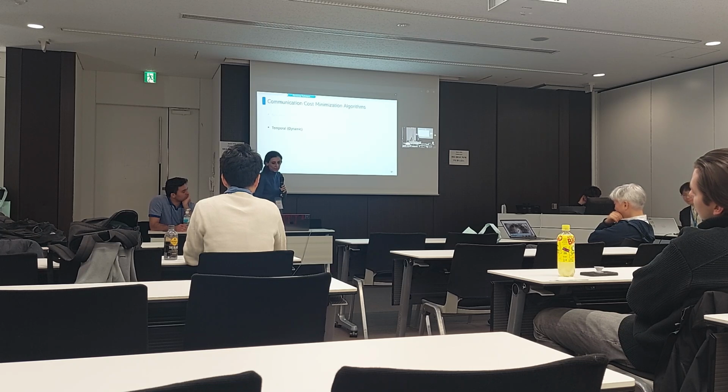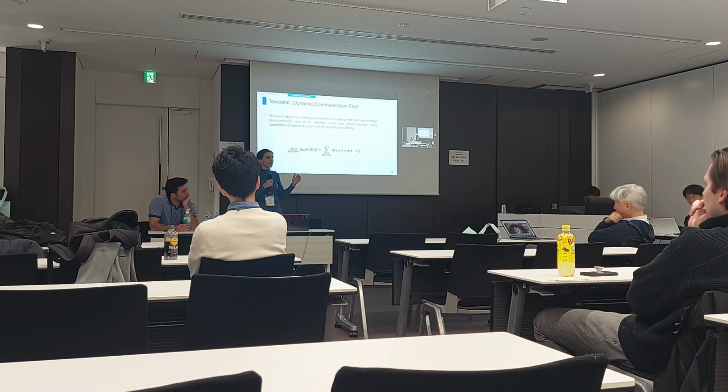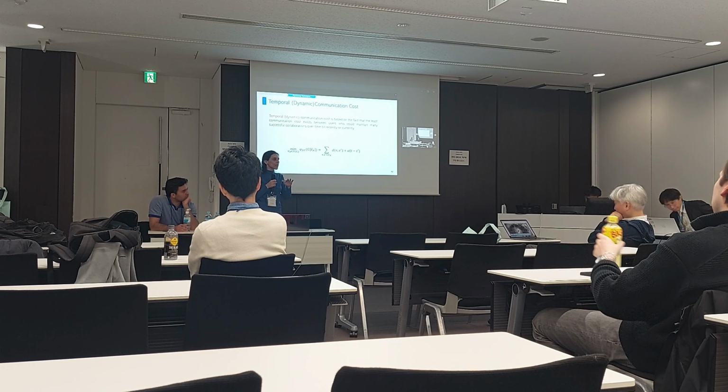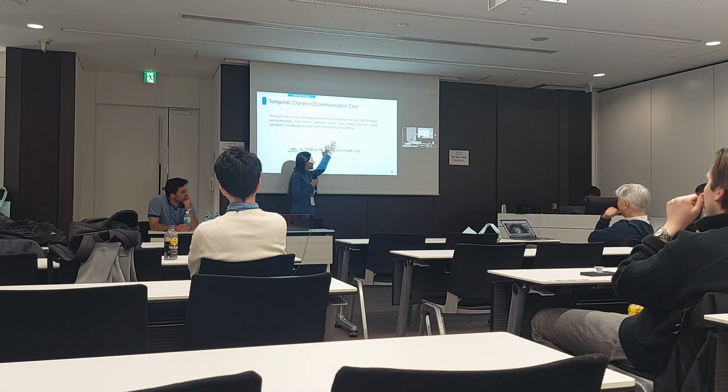And about the temporal or dynamic methods, the intuition for these methods is that during the time, the communication cost among the different experts may change. That's why a term is added in this method.